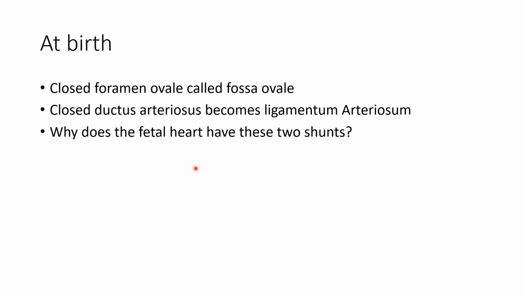If these don't close, it actually causes a reverse of blood. But in the fetal heart, before you're born, the reason you have these 2 shunts is because you don't get air from your lungs. So you end up having to use the shunts to bypass.